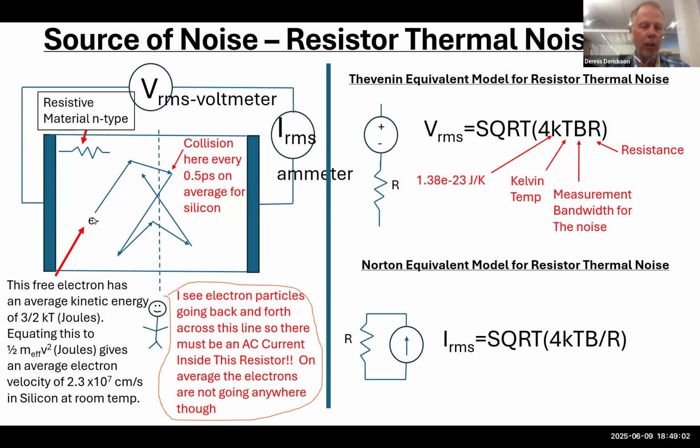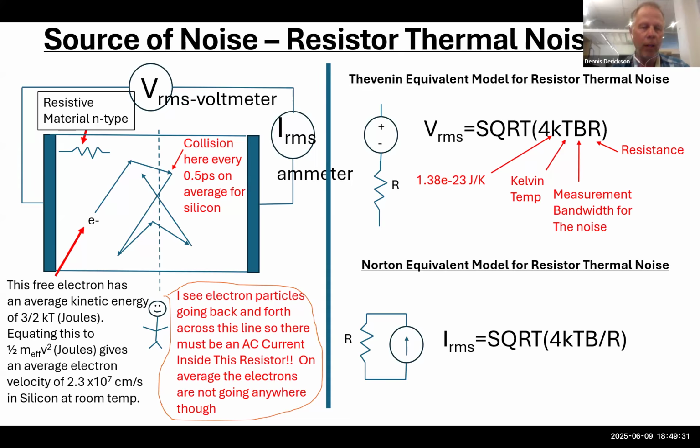And so this electron right here will move with thermal velocity, and it will go a certain distance, but eventually it will collide with the lattice of the resistor, and then a new electron will be created by thermal generation. It will move again, and so we get this jerky motion of this electron, it's created and recombined. So on the average, that electron goes nowhere.